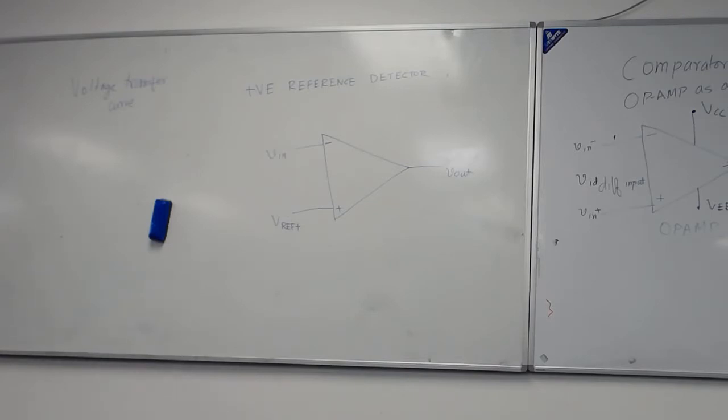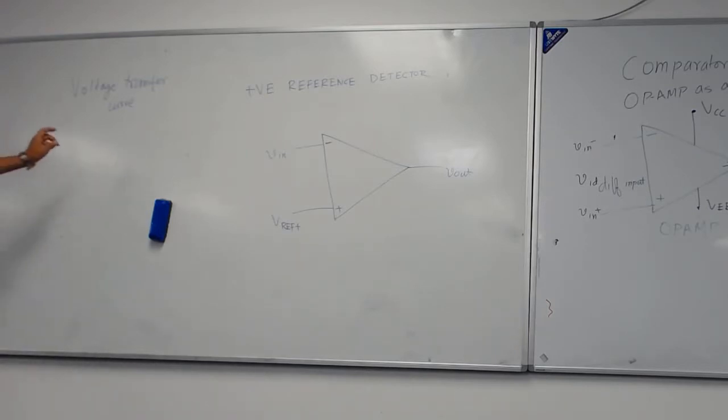That one you call voltage transfer curve. What should you call this one? Voltage time, yeah, but we call it transient curve. Okay, so we'll have one transient, one will have voltage transfer.